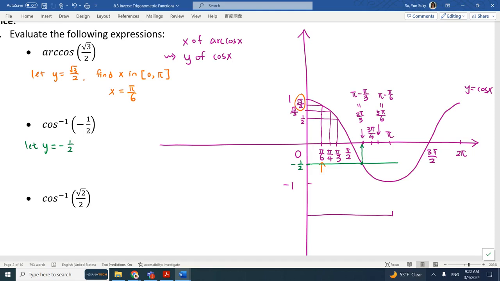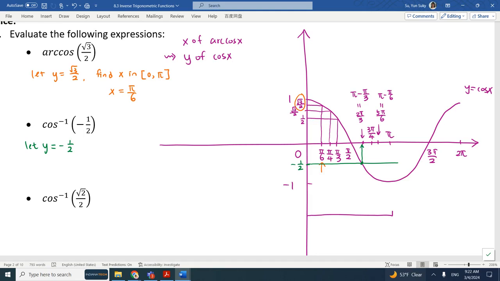You look at how much the reference angle is away from pi. So in the second quadrant, your reference angle is pi minus the actual angle. And in the third quadrant, your reference angle is the actual angle minus pi. If you can still remember from chapter 7, where we talked about the reference angle.